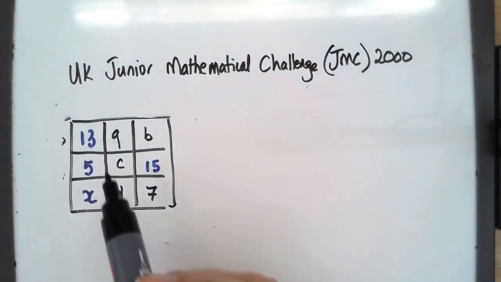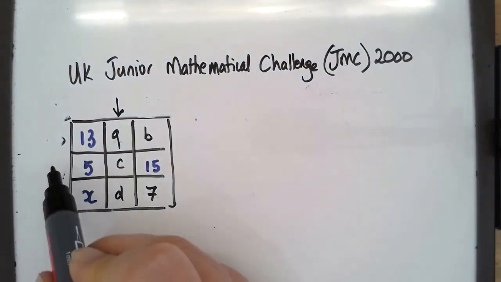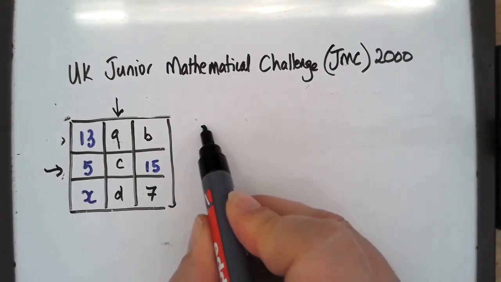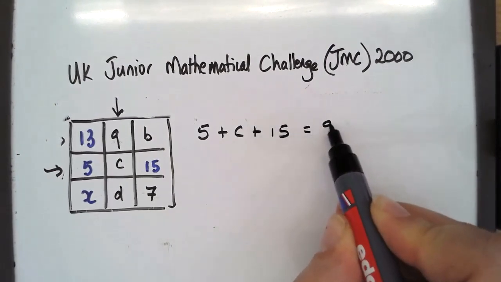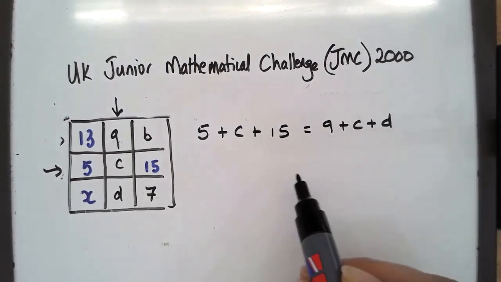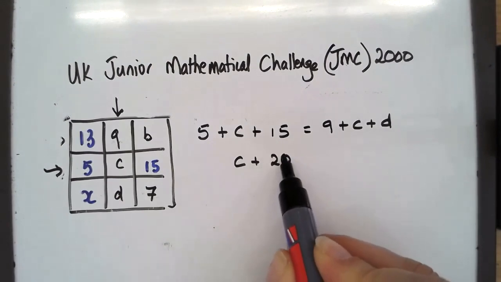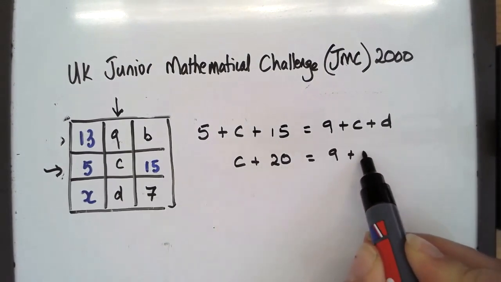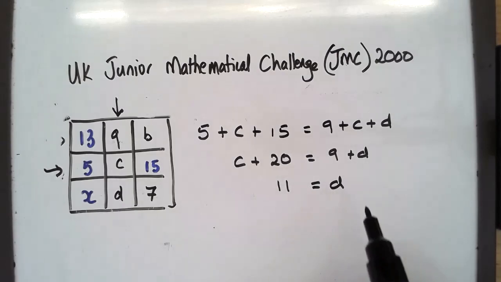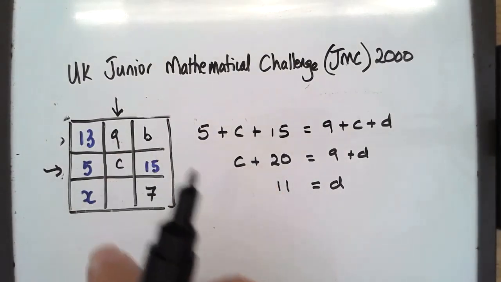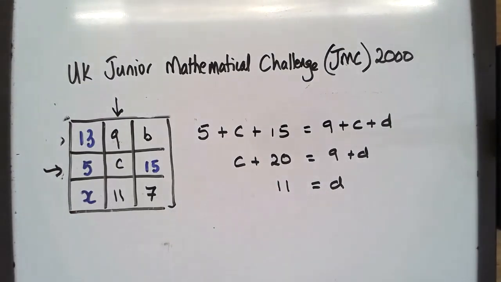Then we're looking at this column and this column. So we can replace the D with an 11.